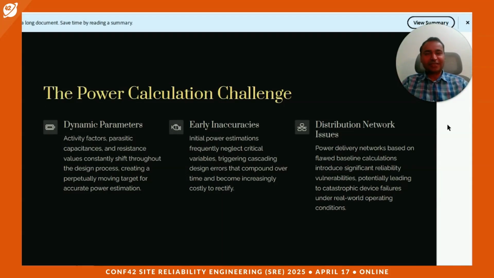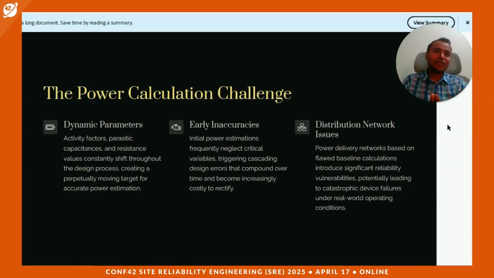These parameters can be the formula, the toggling file, the load capacitance. Sometimes we look at the frequency and voltage variation level also. So all these parameters are dynamically changing, and when we try to calculate with them, if they are changing, the estimate for the power may not be accurate.